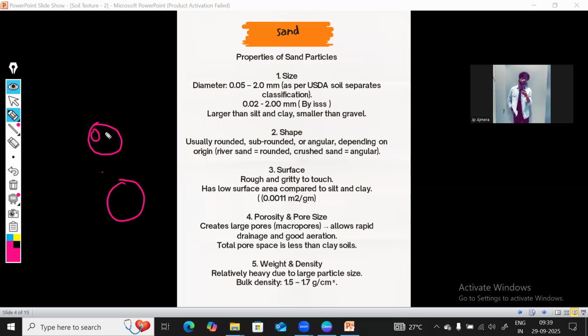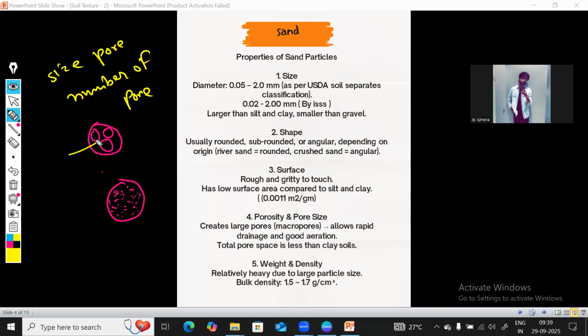There are particles of sand, and there are two things to consider: the size of pore and the number of pores.